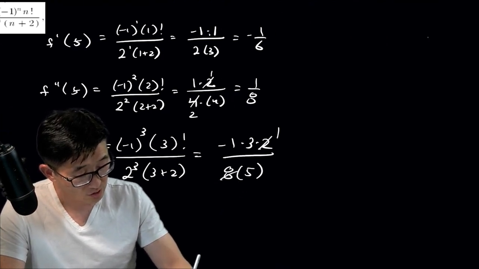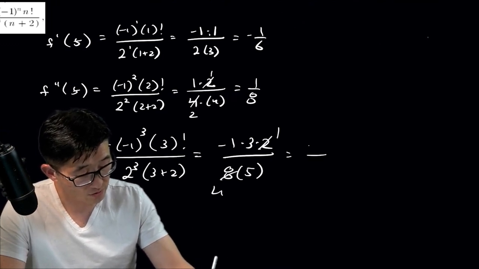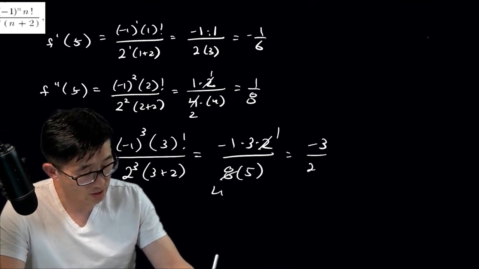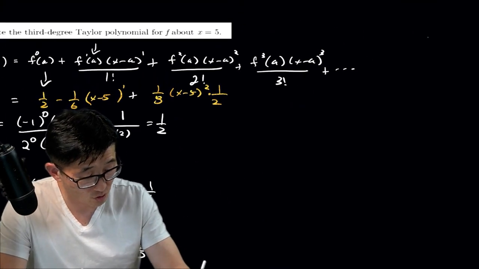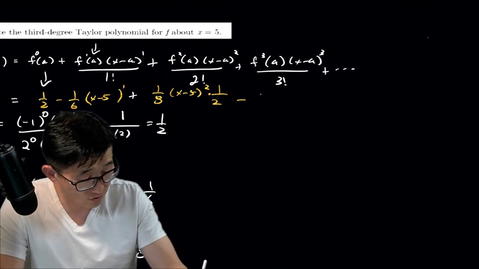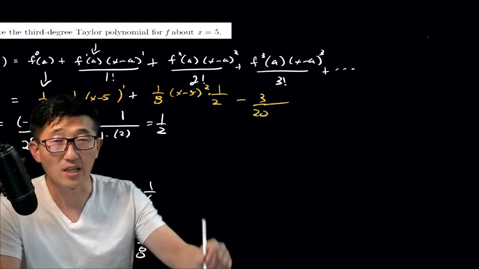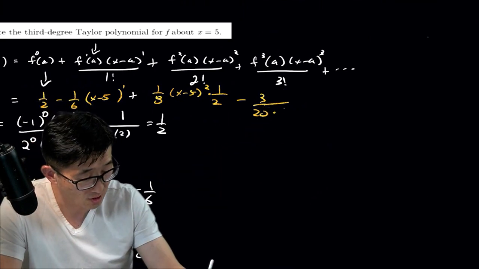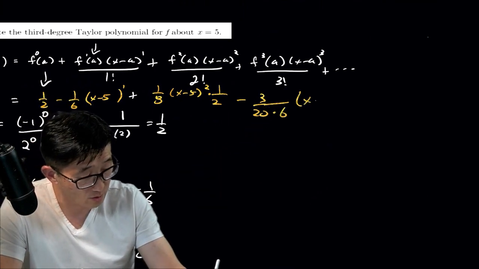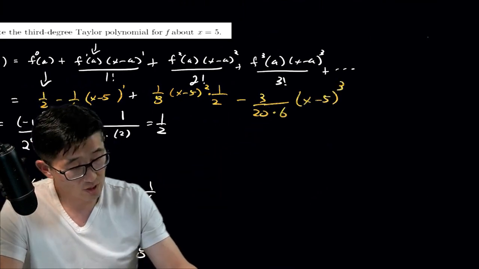So cancel that. So we get -3 over 20. So -3/20, which will be our third degree. And I'm going to include 3 factorial. That's 3 times 2 times 1, so that's times 6. And this will be x minus 5 to the third power.